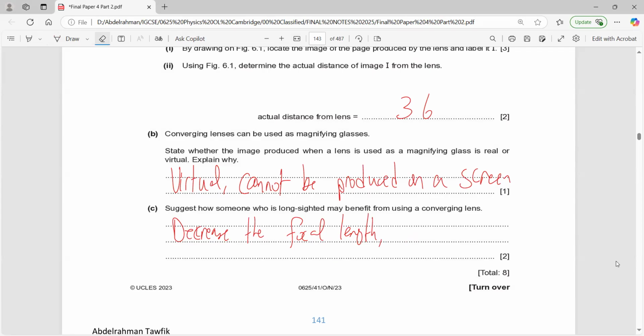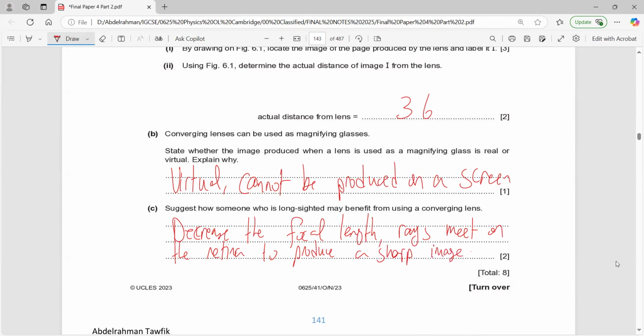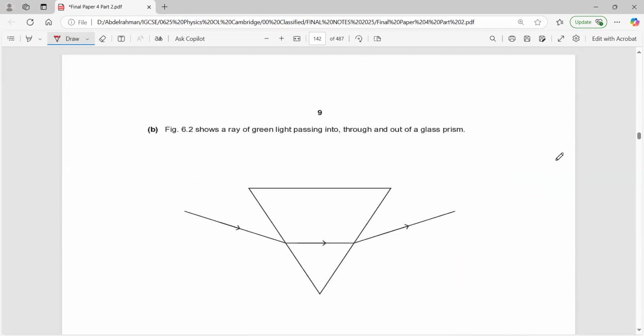The rays meet on the retina to produce a sharp image. This is some lenses.